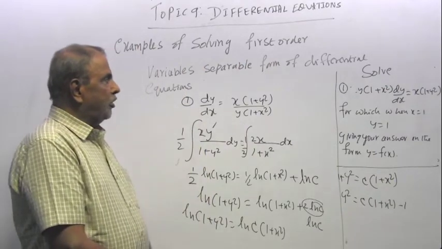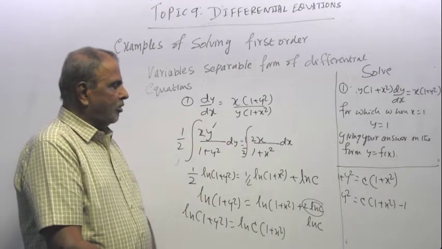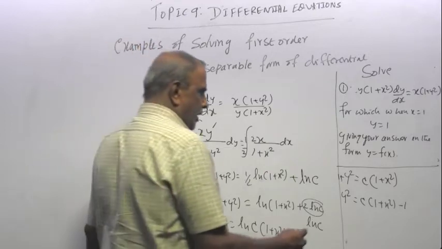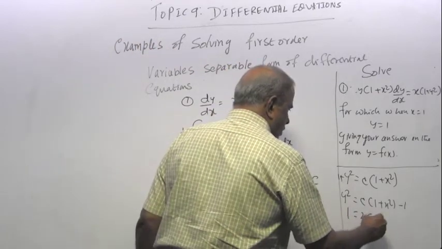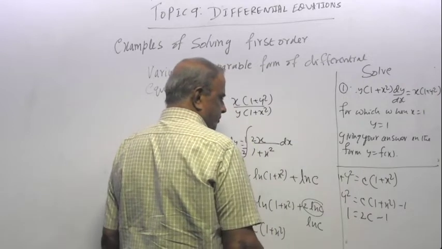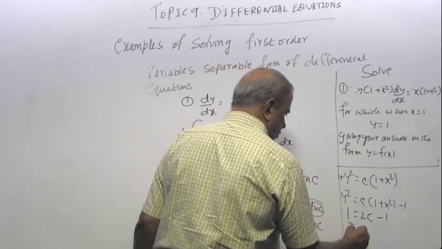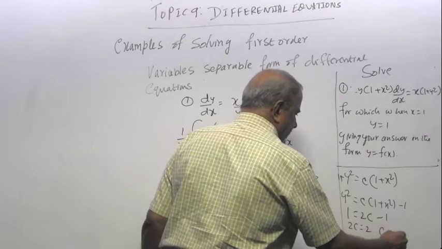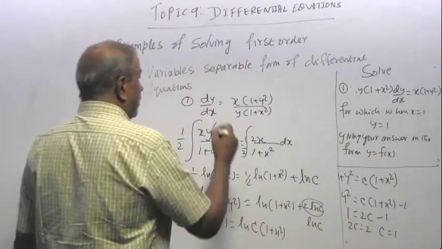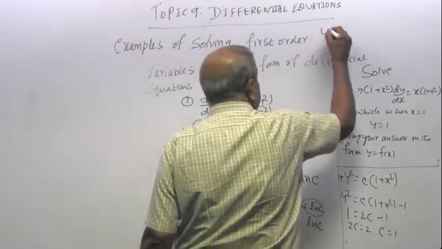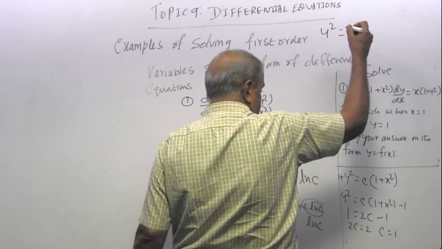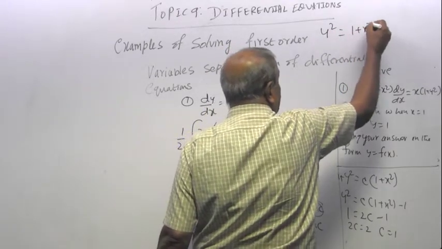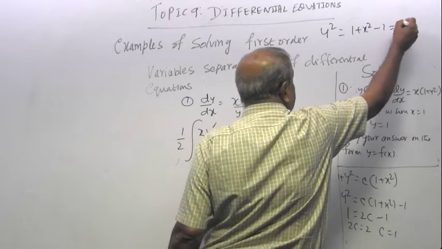I want a solution for which x is equal to 1, y equal to 1. So 1 equal to 2c minus 1. So 2c equal to 2, c is equal to 1. So y squared equal to 1 plus x squared minus 1, which is x squared.